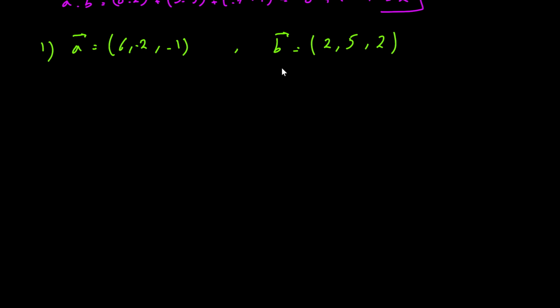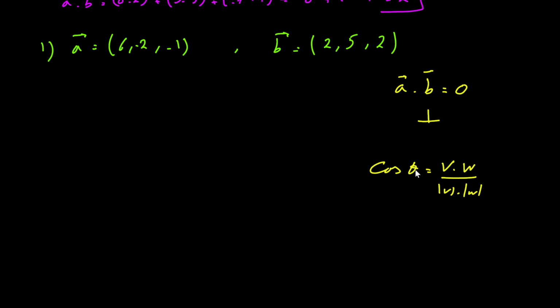Now, the properties are as follows. If the vector A dotted with vector B gives us a value of 0, that means the two vectors are orthogonal. So the angle between them is 90, and the cosine of 90 is 0. You remember cosine of theta is v dot w divided by the magnitudes.